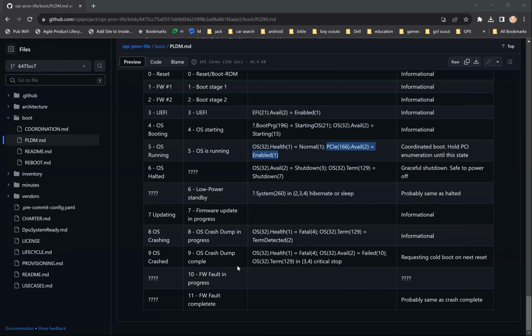So Lee, one action item from before is to try to change the in progress from informational to do not yank power. Okay.